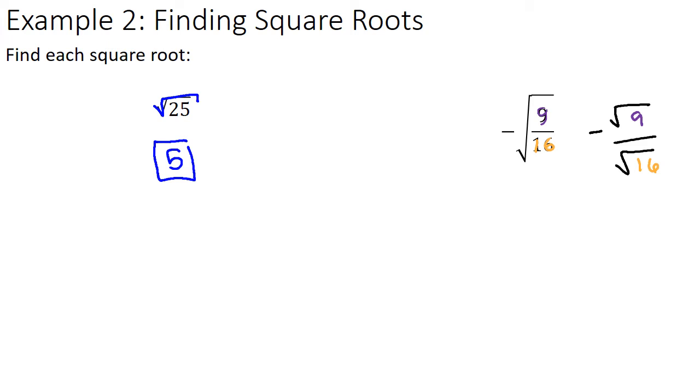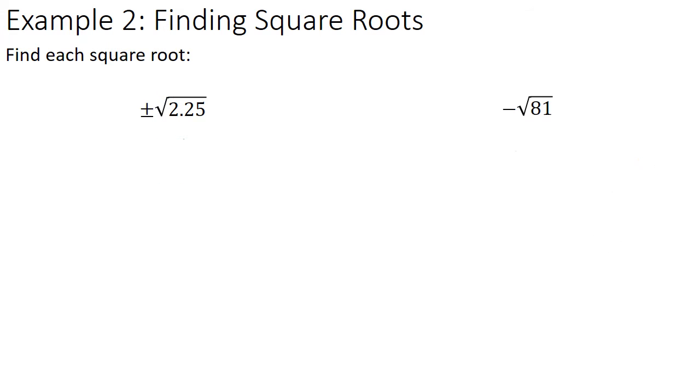And now I can evaluate both of these right here, and that's going to give me negative 3 over 4. So my answer in this case for the negative square root of 9 over 16 is going to be negative 3 over 4. We just need to remember in our fractions that this radical sign goes both to the numerator and to the denominator. It goes to everything in there.